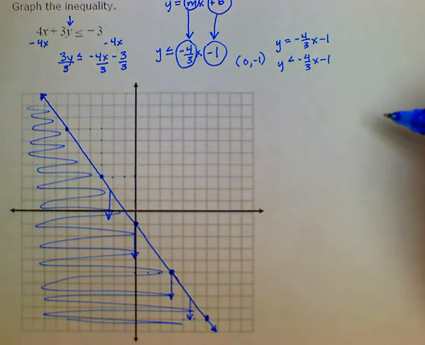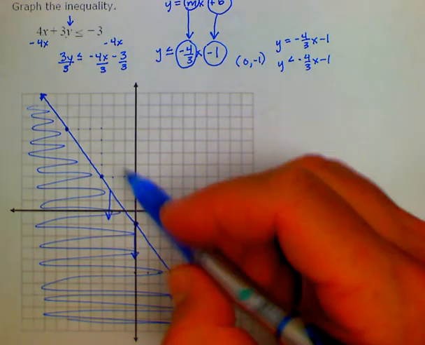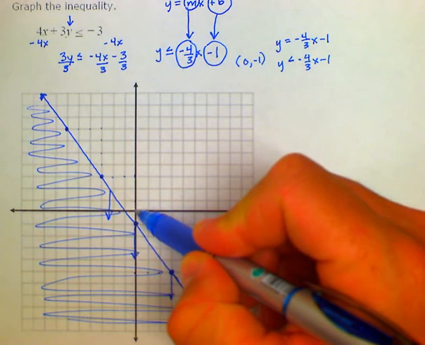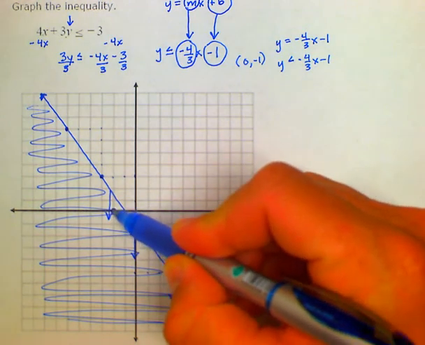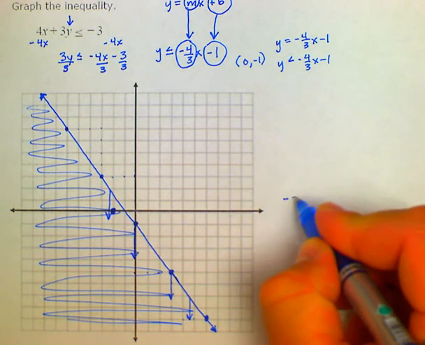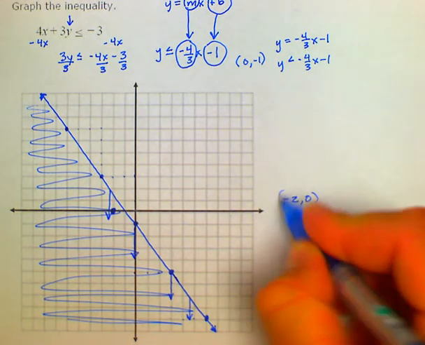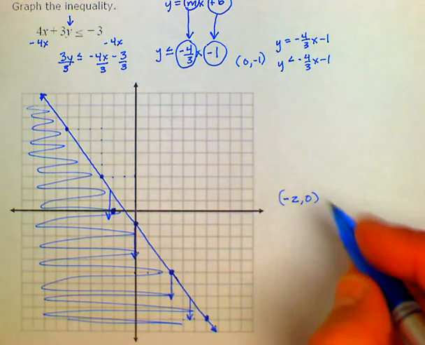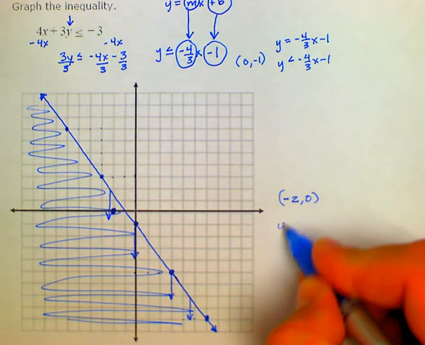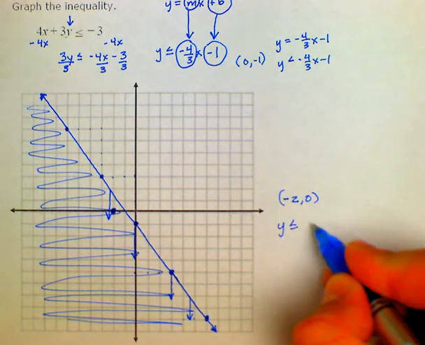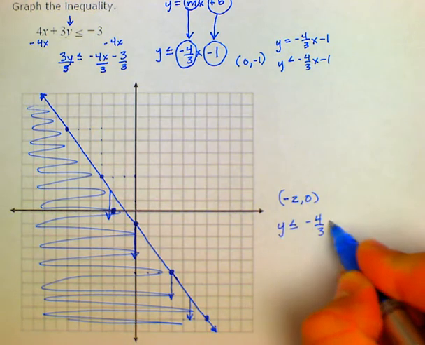And we can choose a point in order to check our solution. It looks like if we start from the origin, negative 1, negative 2, the point (negative 2, 0) is in the shaded region. We can use that point to check to make sure that we've done this correctly. y is less than or equal to negative 4/3 x minus 1.